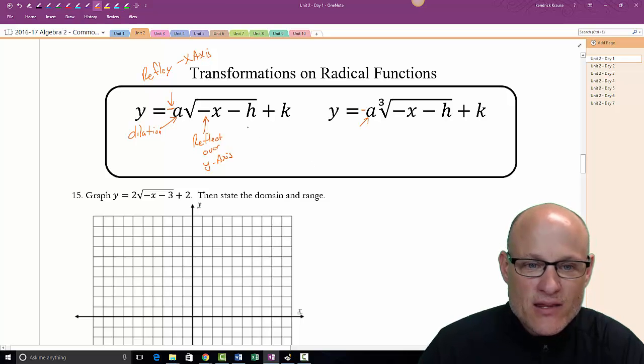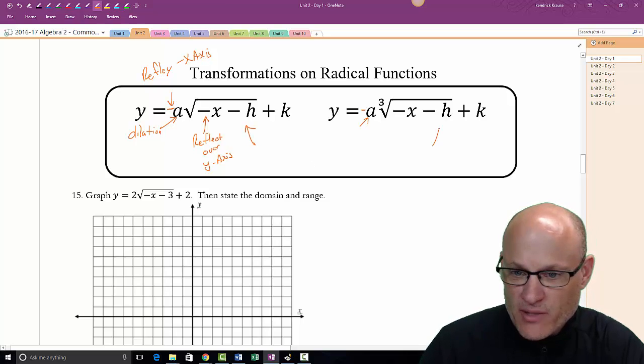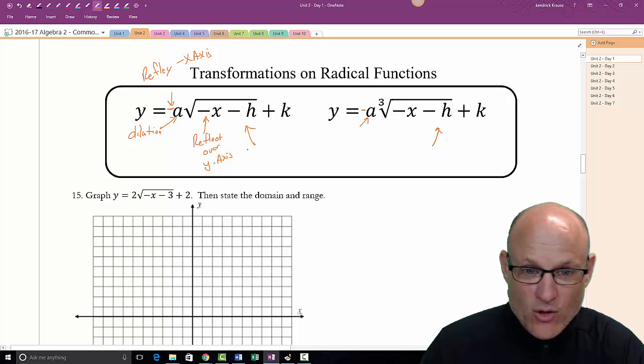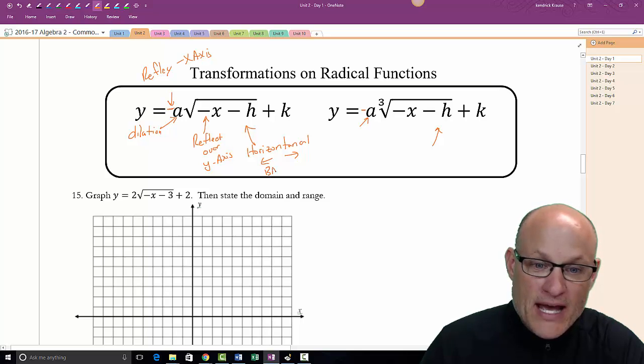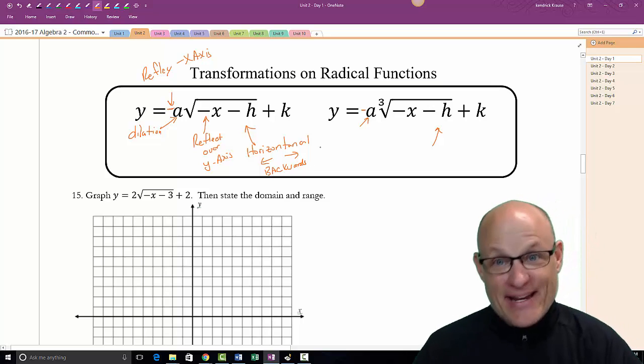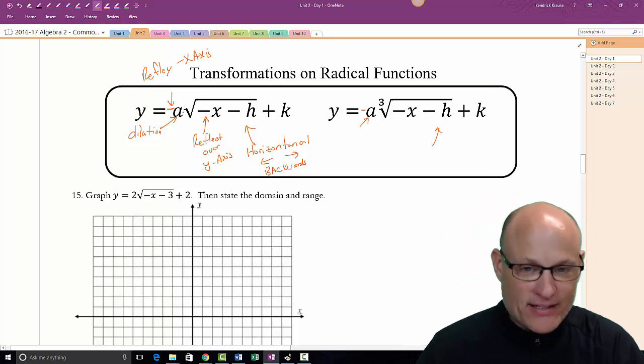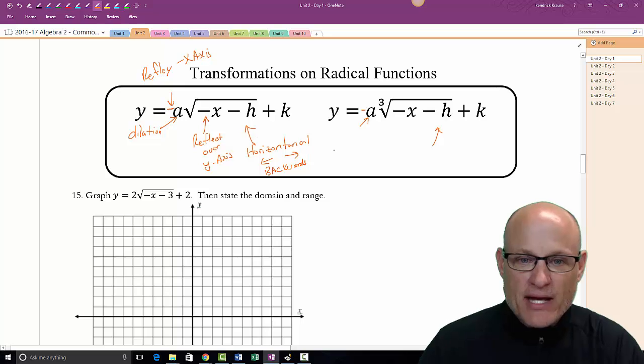y-axis. This, or this, it doesn't matter, is a horizontal shift, that's left or right, backwards. And what I want you to remember is if I'm adding, I go to the left, and if I'm subtracting, I go to the right, backwards.